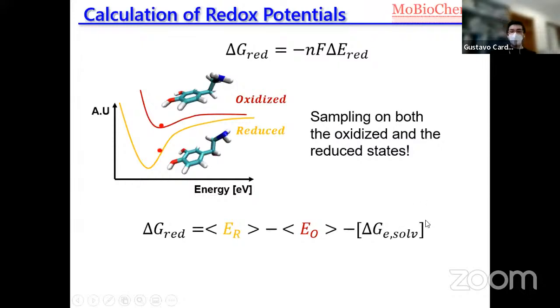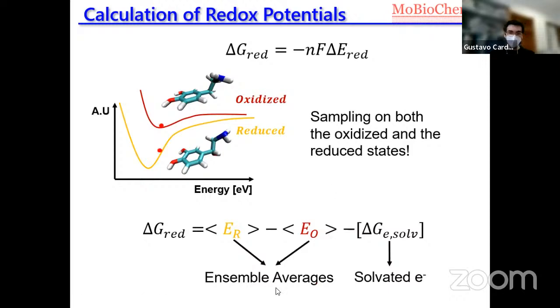Now, I have also put this term here for completeness. As you can see here, these are two ensemble averages. And this term here is the so-called Gibbs free energy of the solvated electron. Now, this is a quite small correction that needs to be put, because in the reaction that I showed you at the beginning, we have the oxidation process.